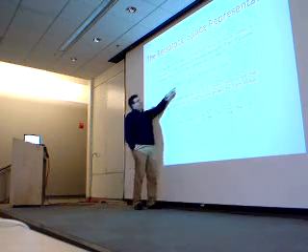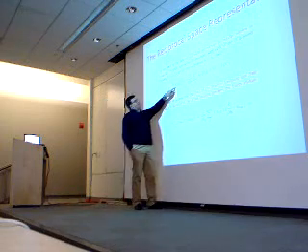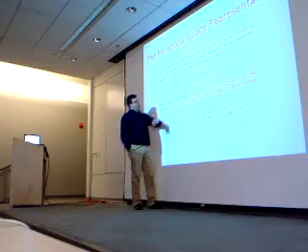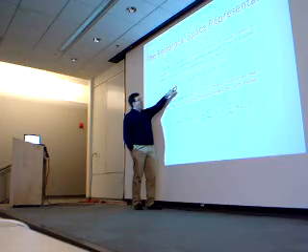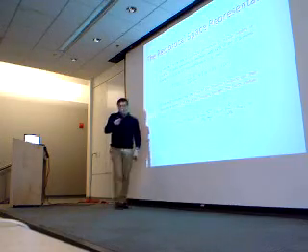Suppose you have, let's consider for a moment, a scalar quantity. U is really a three-dimensional vector, but let's consider a scalar quantity here. And we want to calculate the gradient.